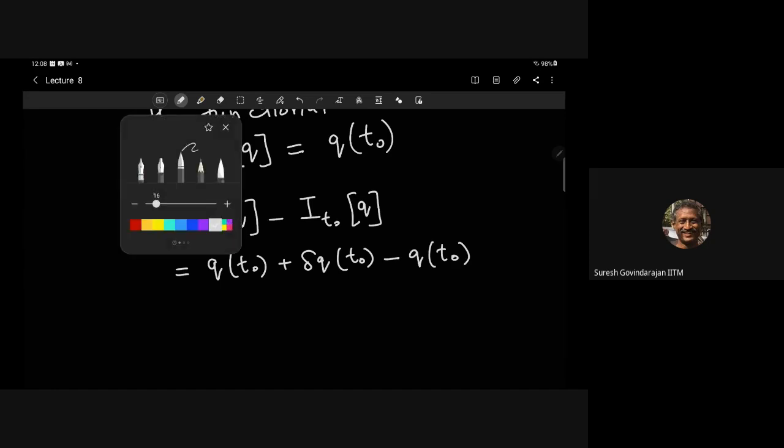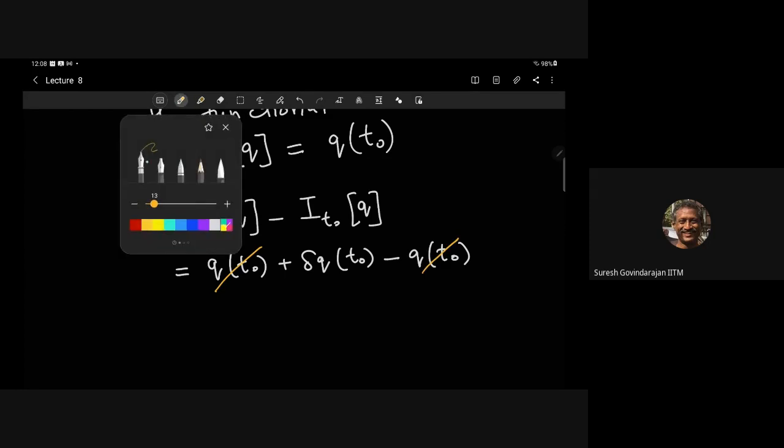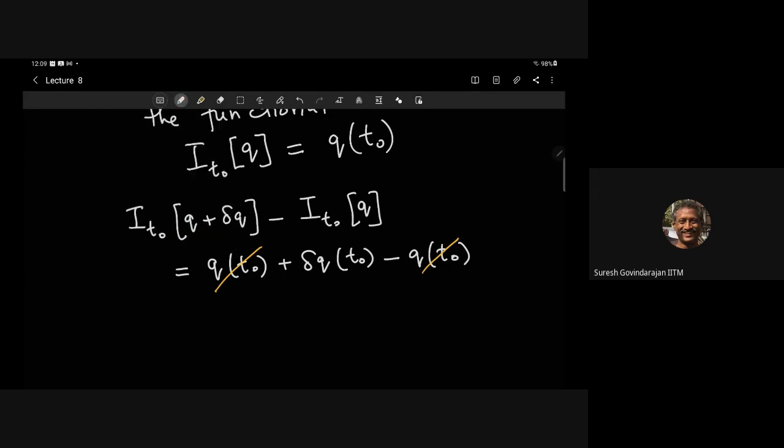So we can cancel things: this cancels with this. We get delta q at t naught, which I will just write in a slightly different way, using the Dirac delta function, delta.